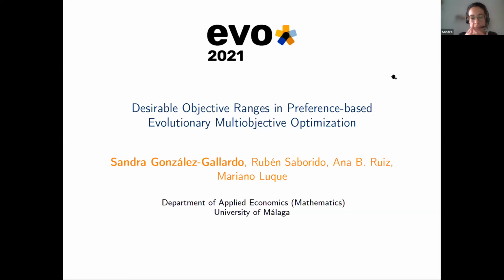So we are using the achievement scalarizing function that I showed previously. This achievement scalarizing function uses the reference point provided by the decision maker. So using this achievement scalarizing function, we project with the weight vector to the Pareto optimal front.